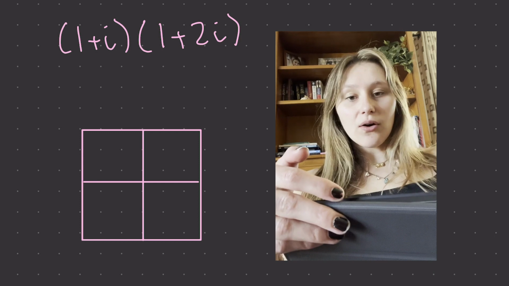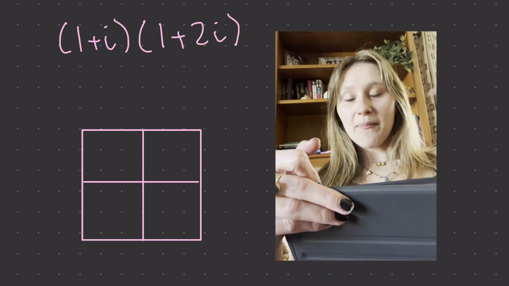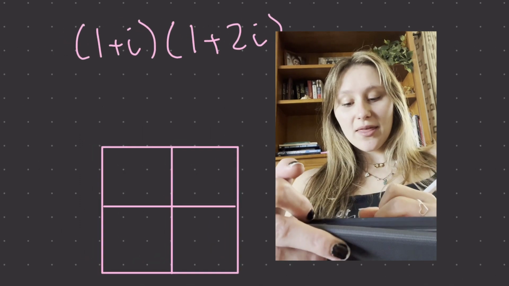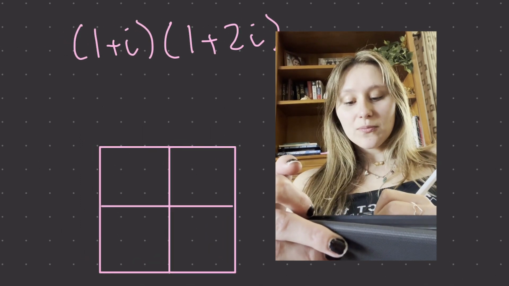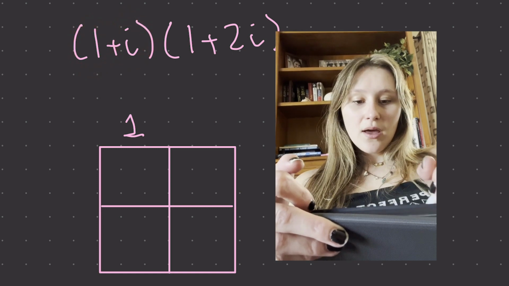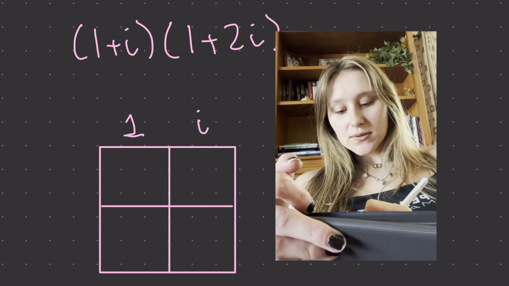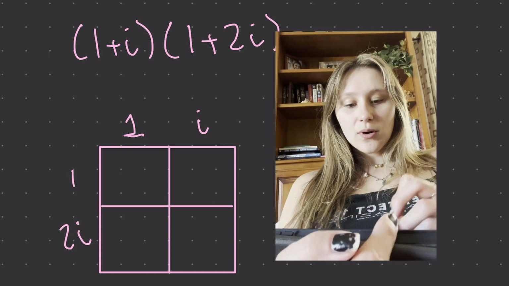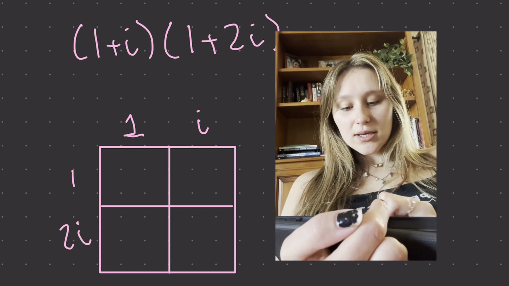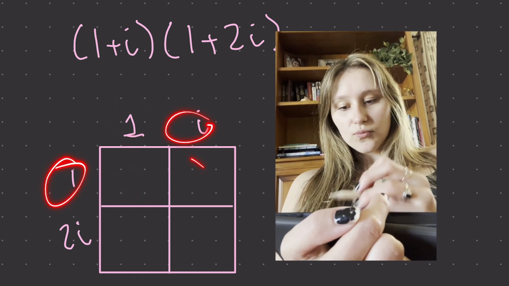So I just wanted to go over the other way before I continue with my method, which is obviously the better method. You put this and this on the top, and then you put this and this on the side where the rows are. Then you multiply these here, and then these here, and so on and so forth.